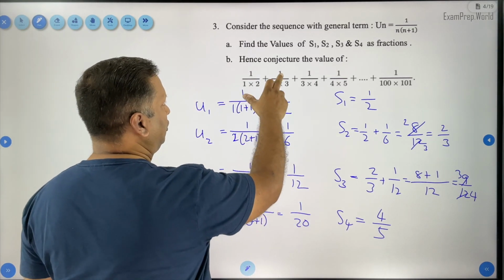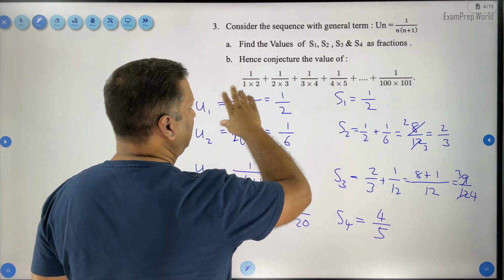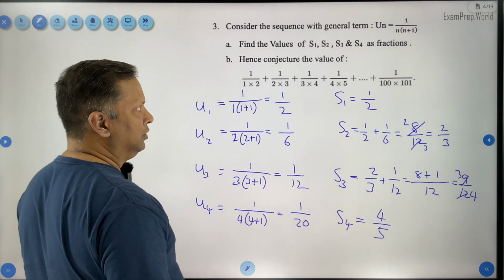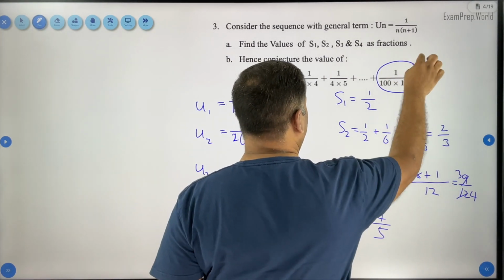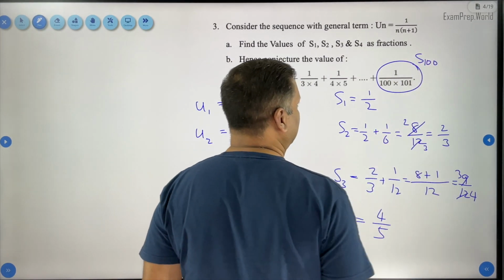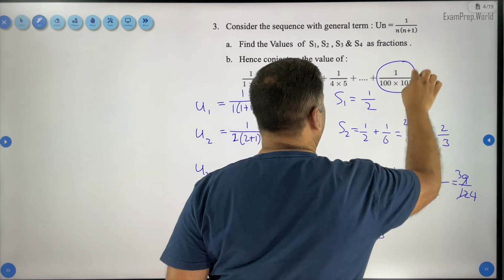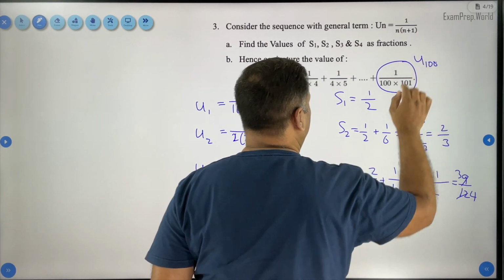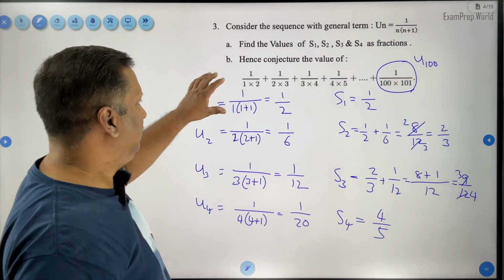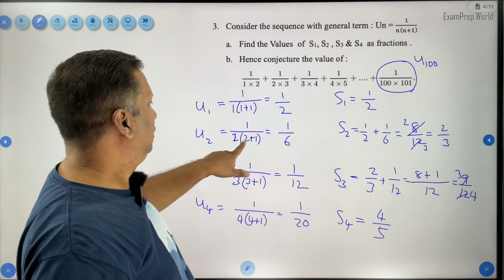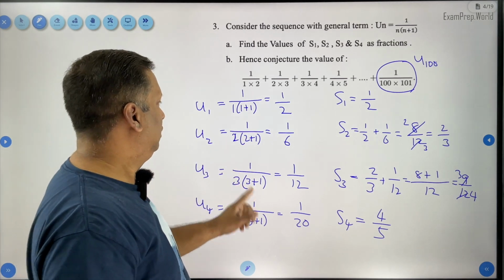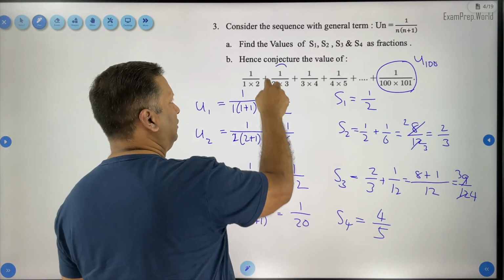Okay. Now look at this one. 1 upon 1 times 2, 2 times 3, 3 times 4. Isn't it the same terms? So what is this term? This is U100, the last term, isn't it? These are the same thing which we got, right? 2 times 3, 3 times 4. Look, 2 times 3 is the second term.